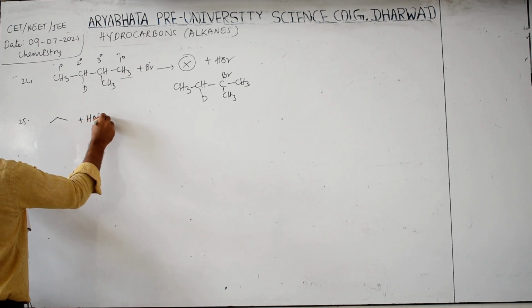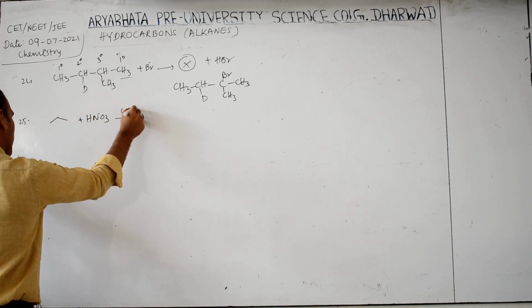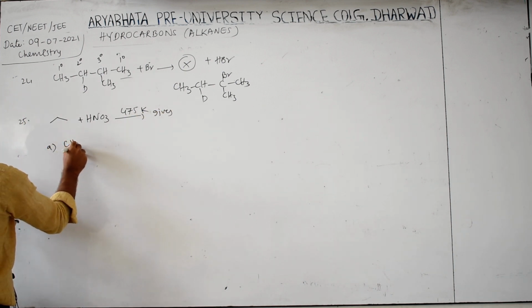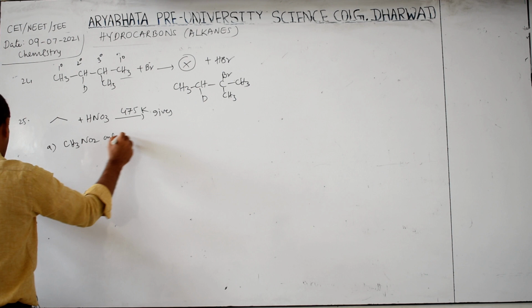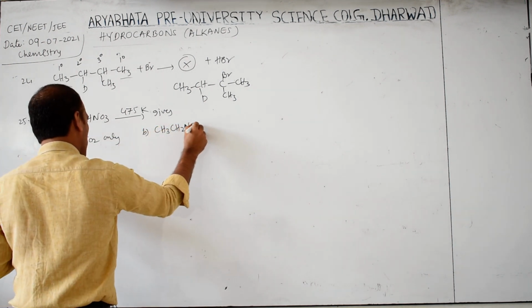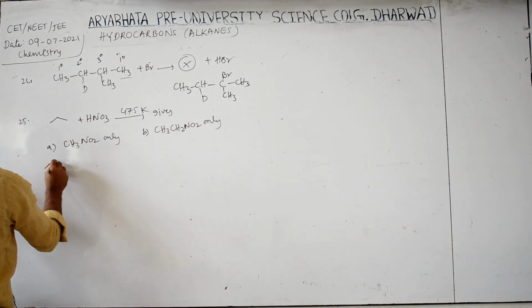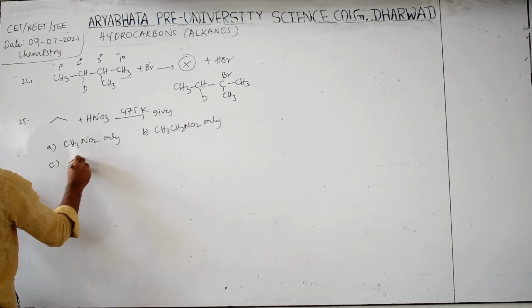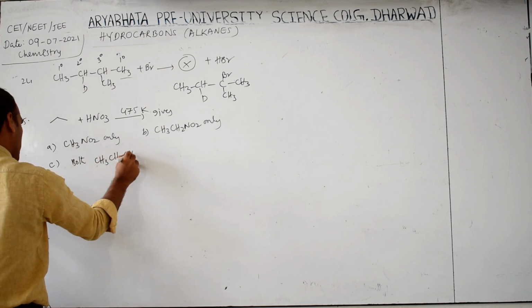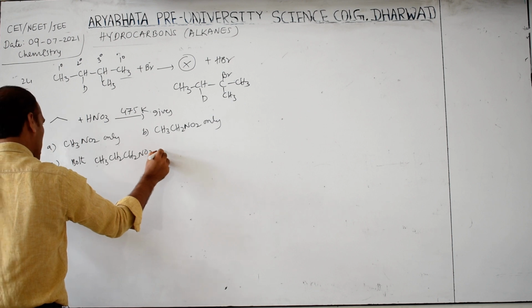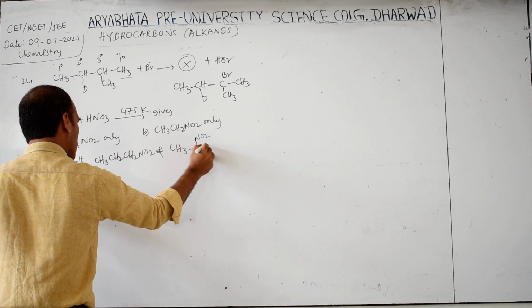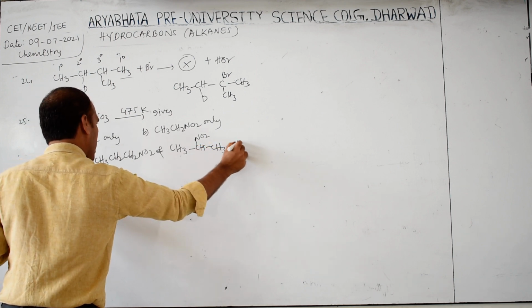Nitration reaction means HNO3 at 475 Kelvin gives option A CH3NO2 only, B CH3CH2NO2 only, and C both CH3CH2CH2NO2 and CH3CHNO2CH3, D all.